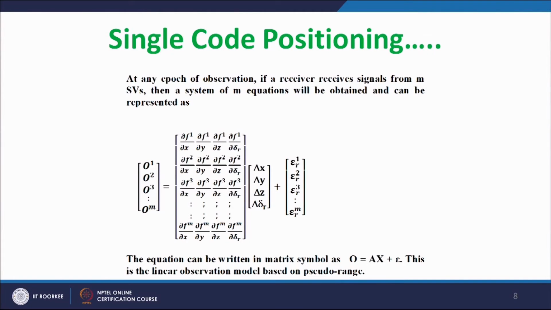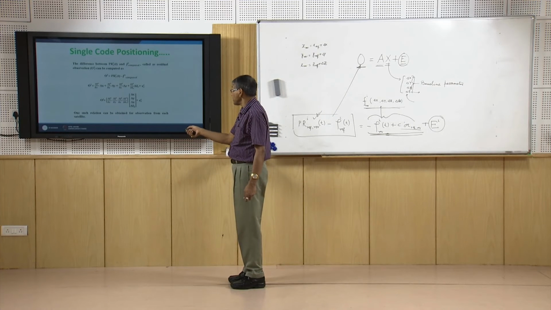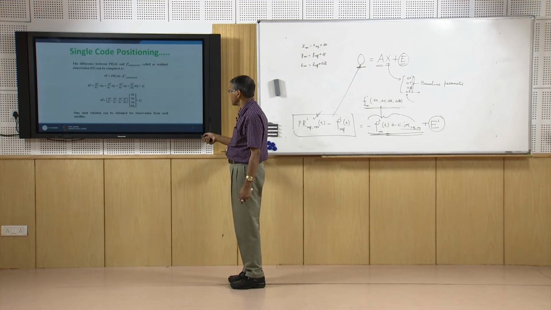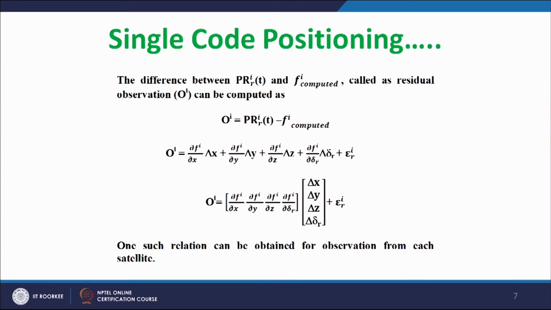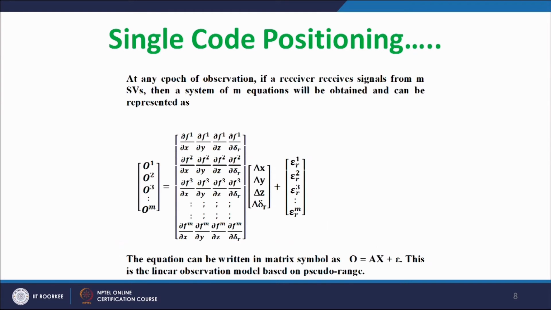So, now you can see that this is the observable equation, or the linear model, that we have developed out of the observation equation. Here, for a single satellite, the signal coming from a single satellite, this is the observable equation linear model, and for m satellites this is the relation we derived in the last class.